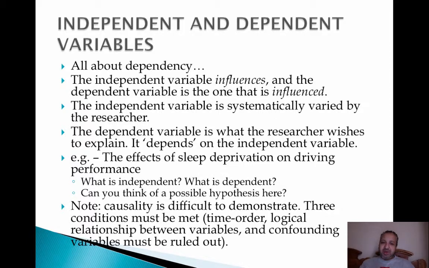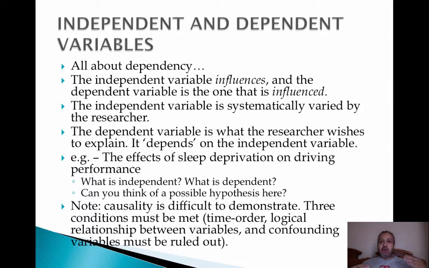Does something influence something else? And specifically, the independent variable is that which influences. This is why sometimes people call it the influencing variable. The dependent variable is the one that is influenced. It is dependent upon the independent variable, right?